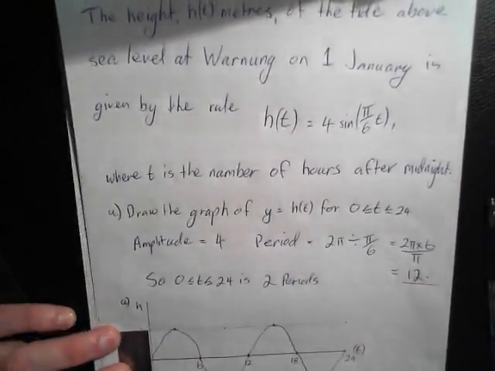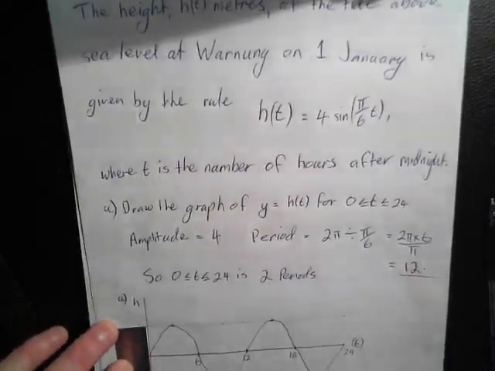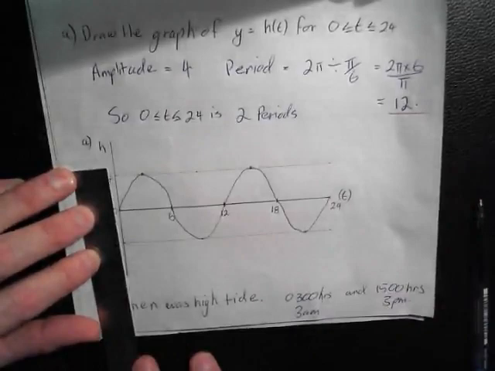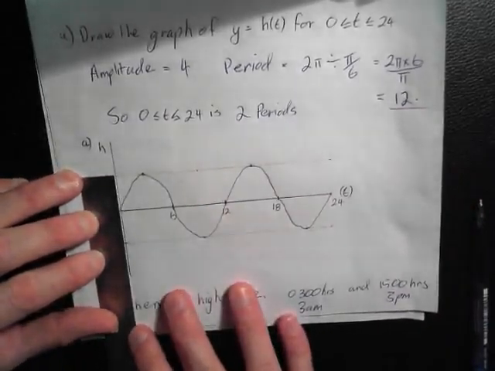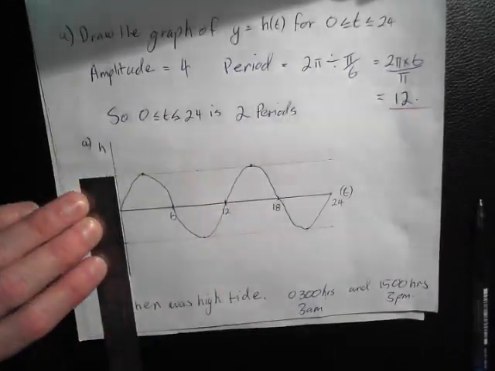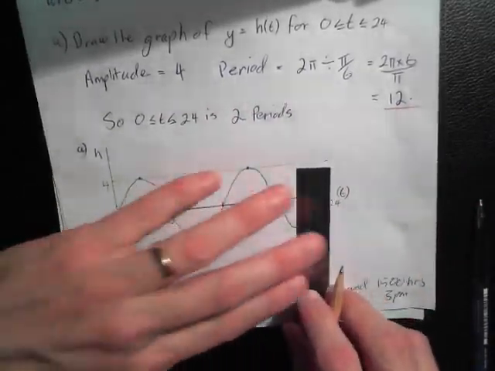So, we want to know when is the tide above 1 metre. On this graph here, I'll move it up, sorry, it's not in shot. Here's my graph. When is the tide above 1 metre? 1 metre represents about there on the graph.